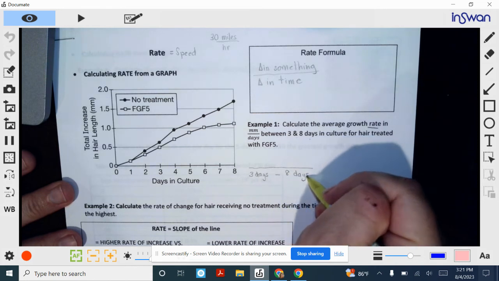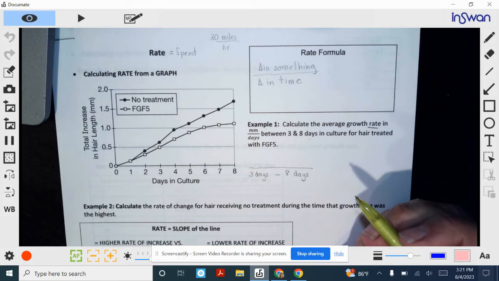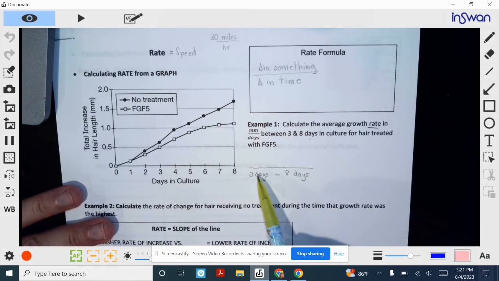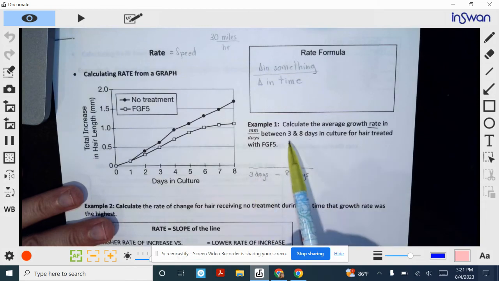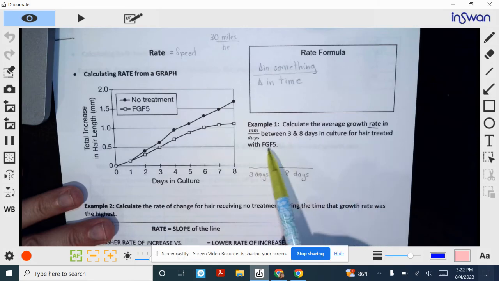Yes, I know it's 5 days, but if you write it like this, when we do more complex problems with rate that you can't do in your head, you're not going to make silly mistakes. Now, how you figure out what number goes on top is all you have to do is find the data point off of this y-axis for 3 days. So it says the growth rate between 3 and 8 days in a culture for the hair treated with this chemical.